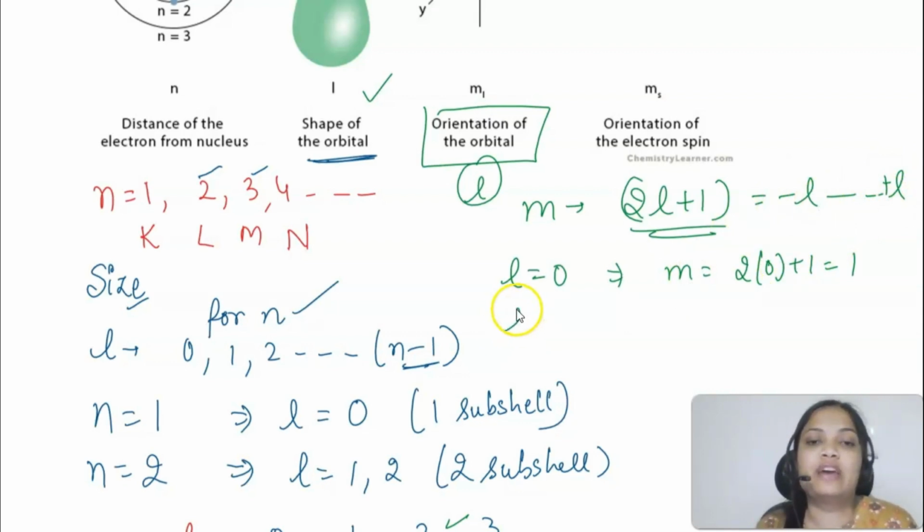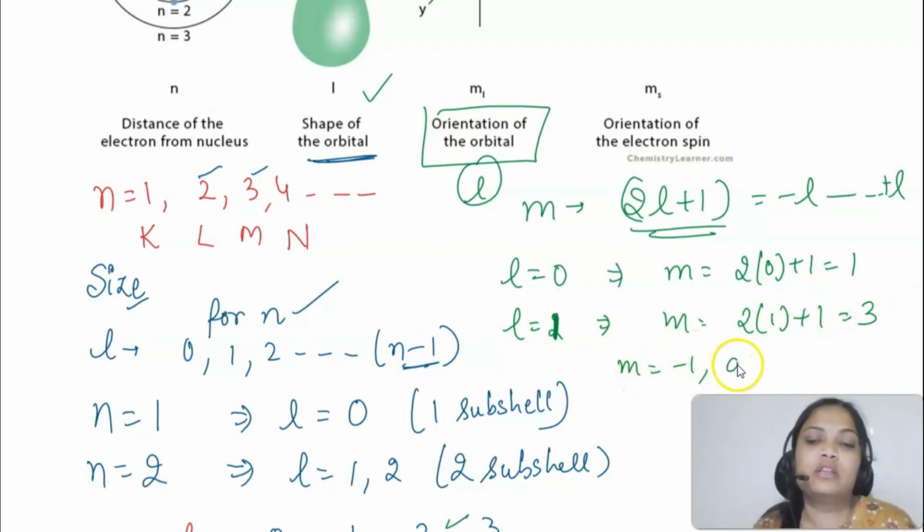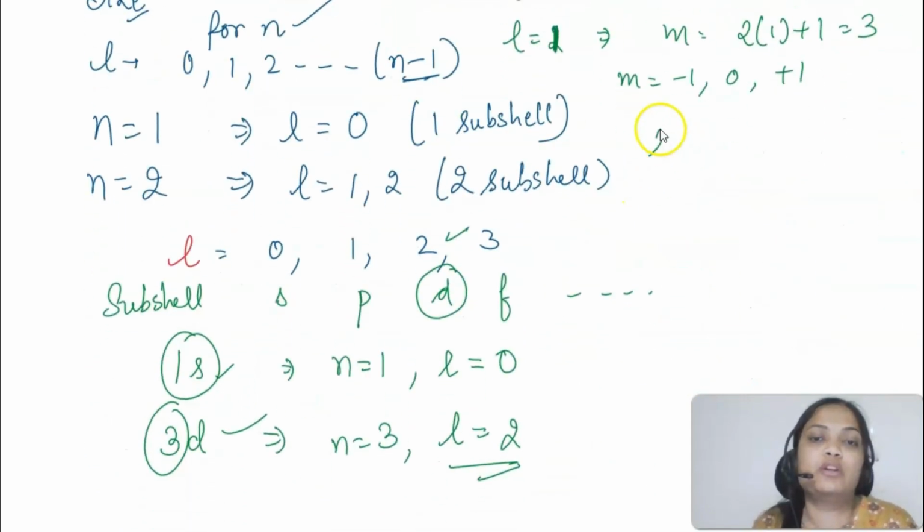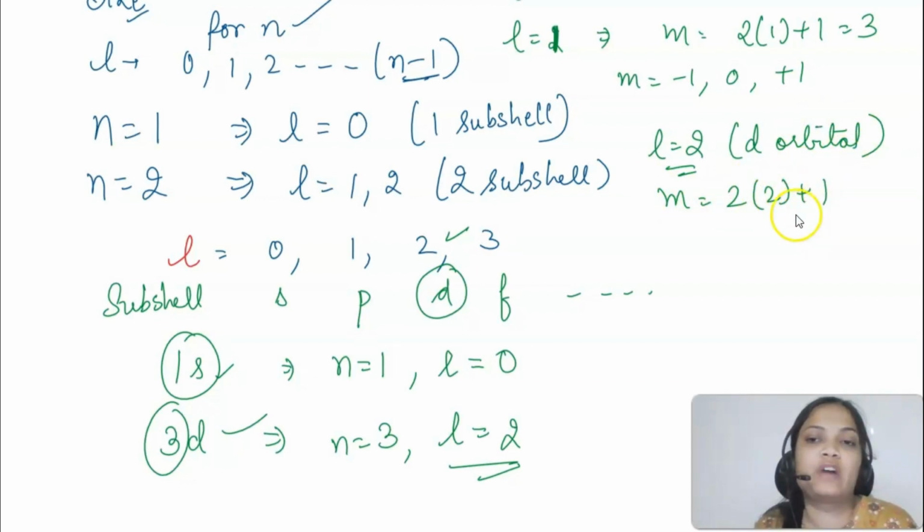Let's say for the p orbital, l equals 1, so how many values of m will there be? There will be 3 values: -1, 0 and +1. Similarly, if l equals 2, meaning the d orbital, how many values of m? 2l plus 1, meaning 5 values.